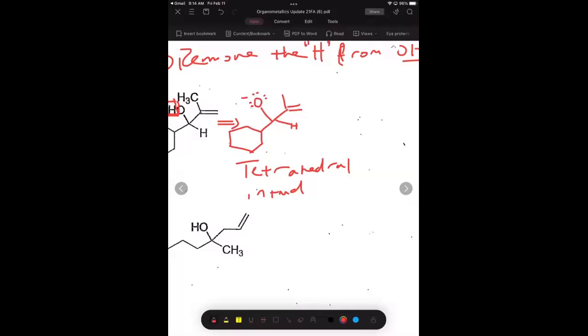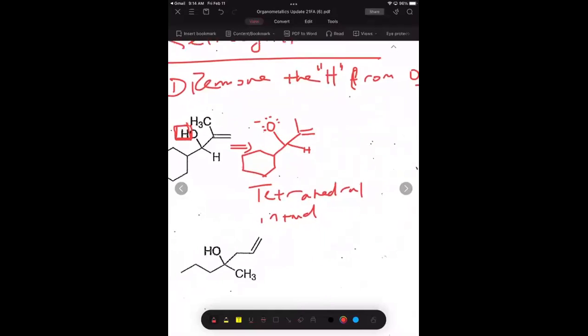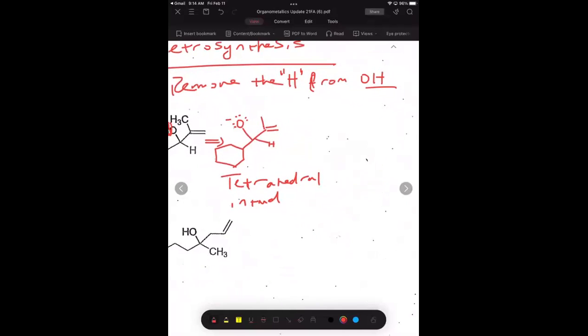All right, and then from there, the second step is to collapse the intermediate.